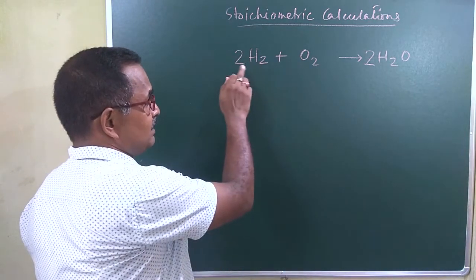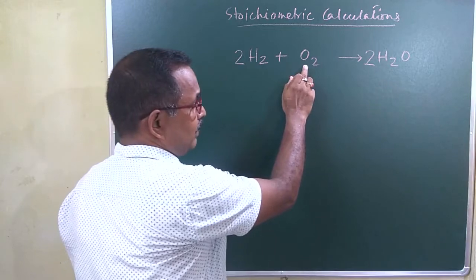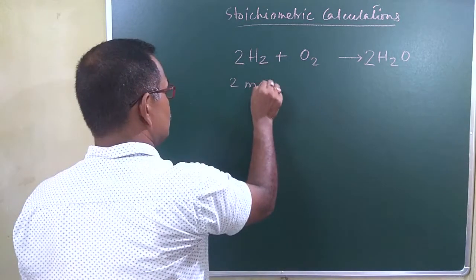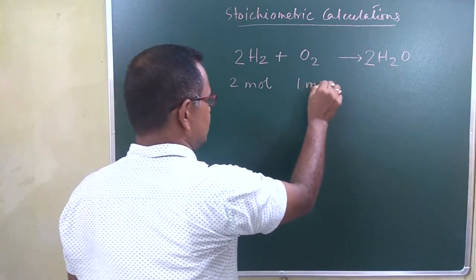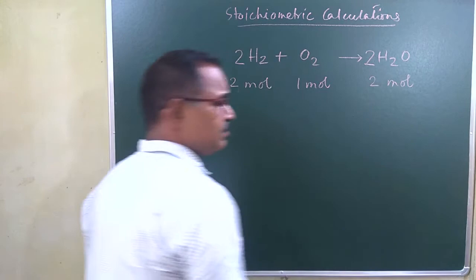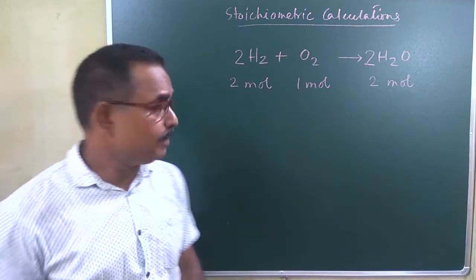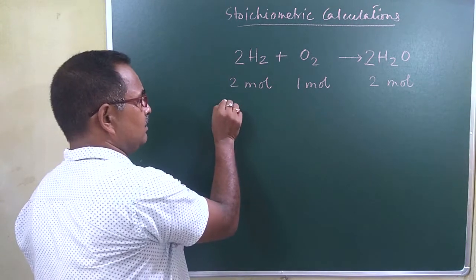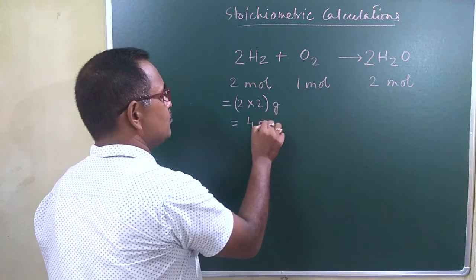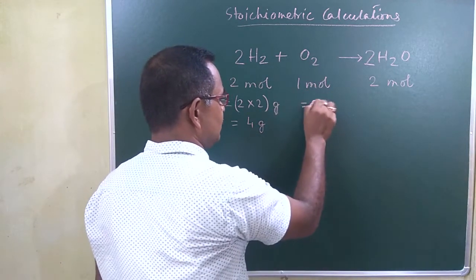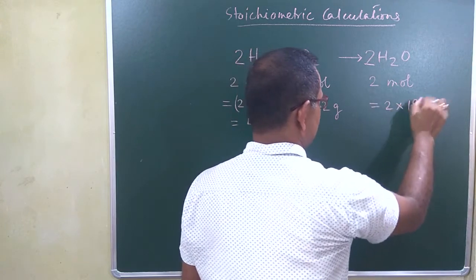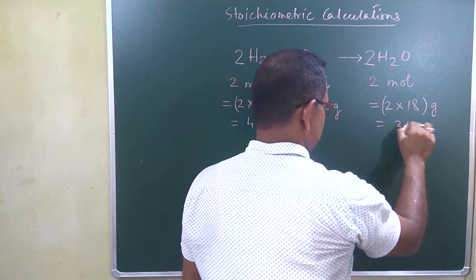We can say 2 molecules of hydrogen combine with 1 molecule of oxygen to produce 2 molecules of water. 2 moles of hydrogen combine with 1 mole of oxygen to produce 2 moles of H2O. 2 moles of hydrogen means what? 2 times 2 gram, that is 4 gram. 1 mole oxygen means 32 gram. 2 moles water means 2 times 18 gram, that is 36 gram.